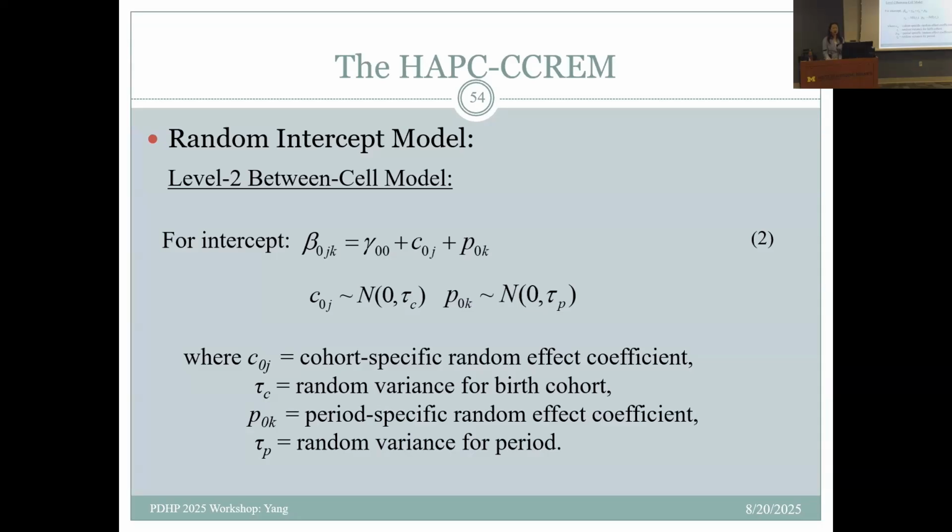So C and P are random effect coefficients for each j and k, and tau C and tau P are random variances corresponding to cohort variation and period variation. So tau C and tau P are the variance components that we care about when we conduct statistical tests to determine whether period variation and cohort variation are statistically significant or not.